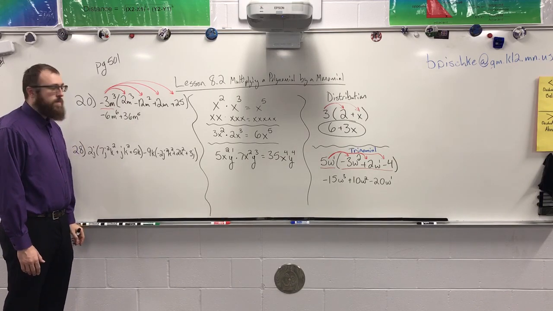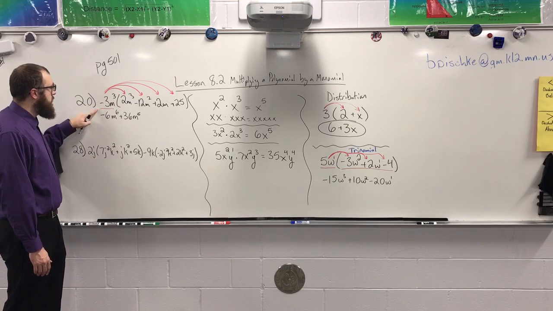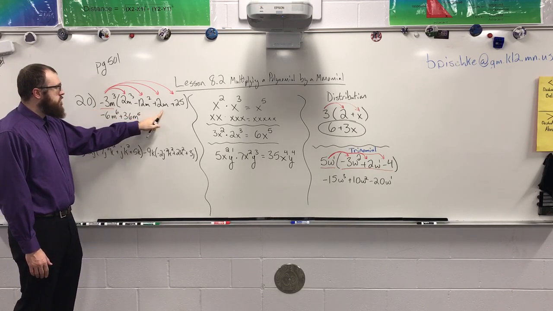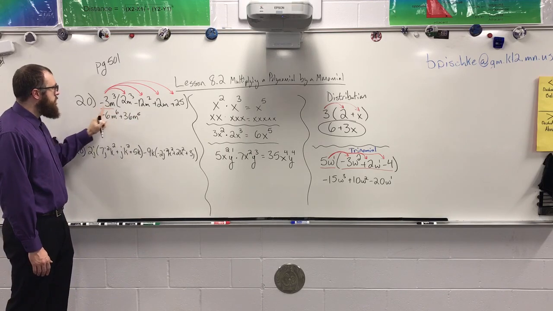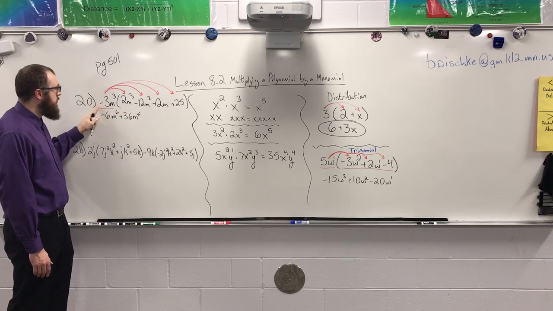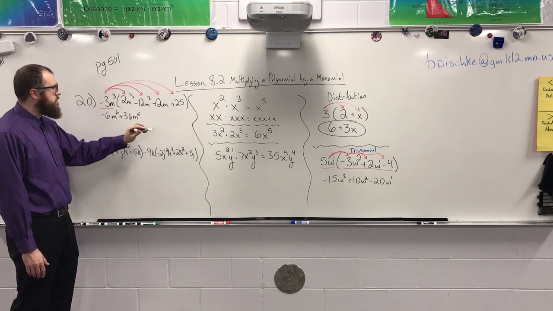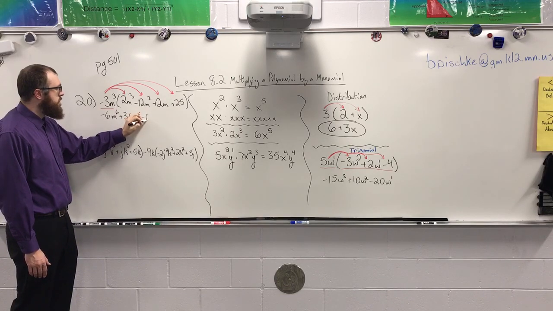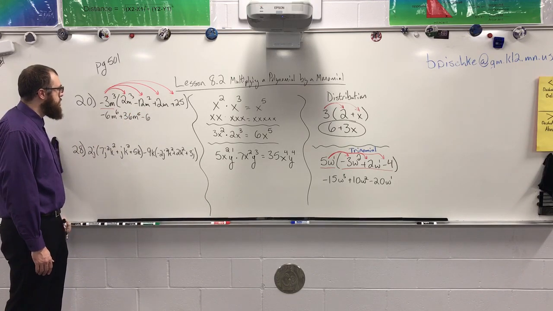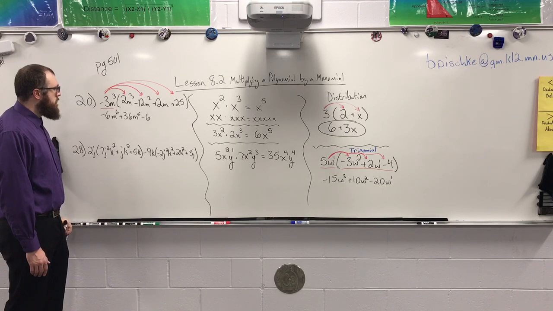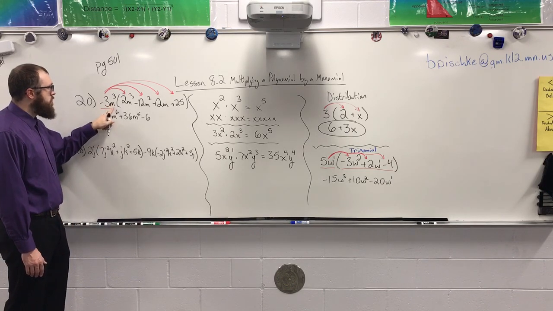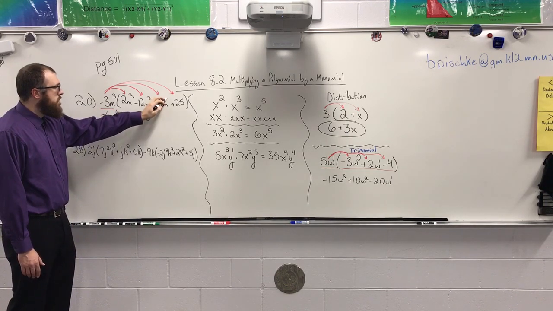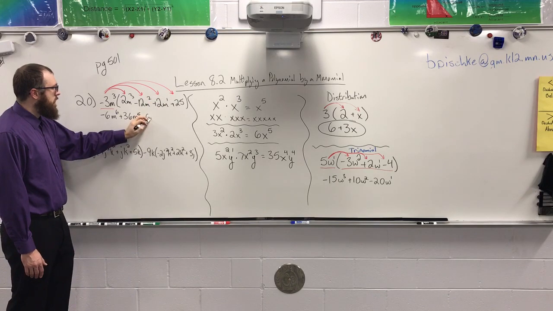Next, monomial times monomial. 3m cubed times 2m. Coefficient times coefficient. Negative 3 times 2 is negative 6. Variable times variable. M cubed times m to the 1st is m to the 4th.